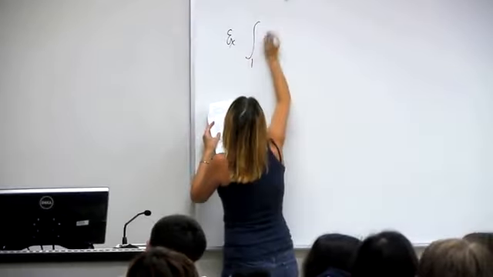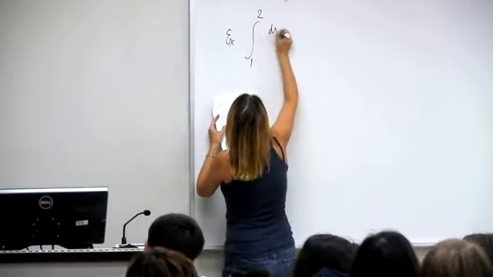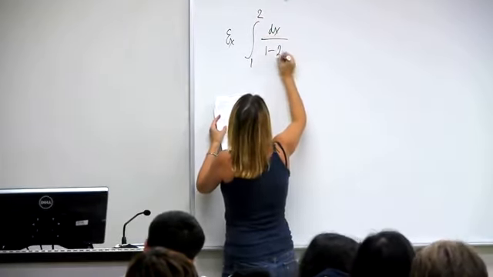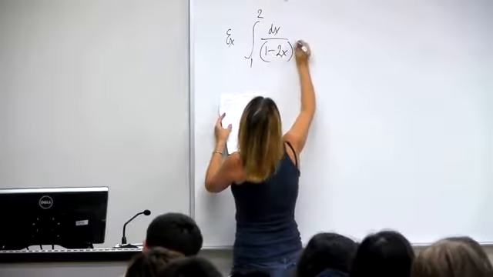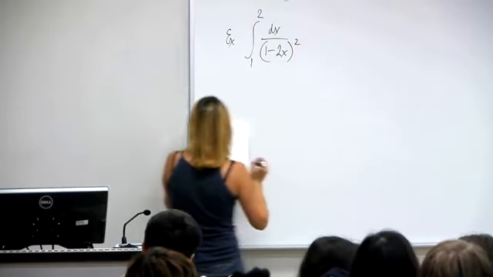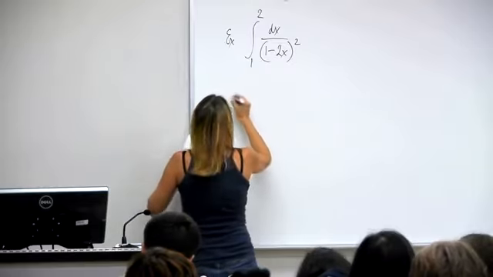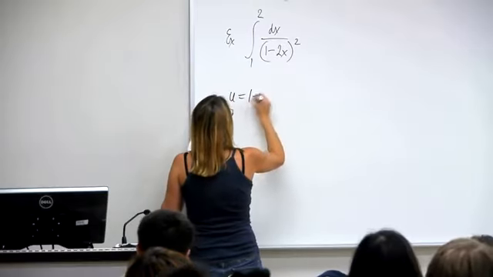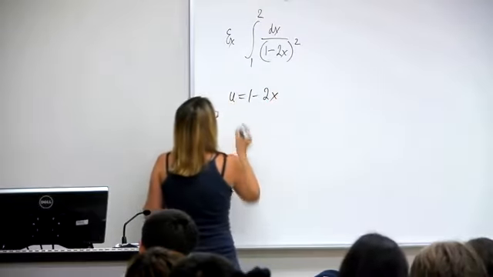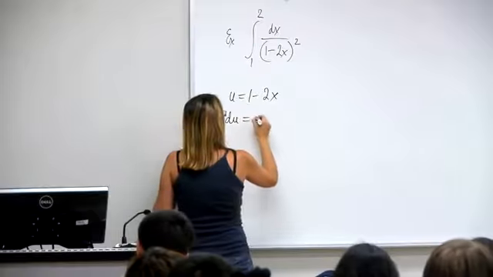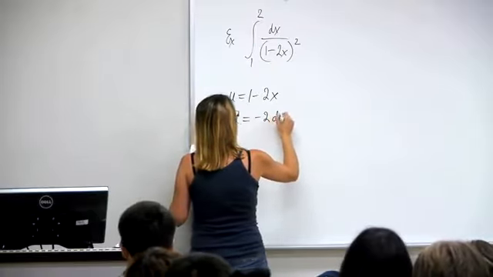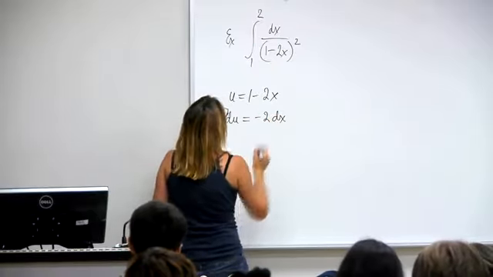Let's consider the following integral from 1 to 2, dx over (1 minus 2x) squared. A definite integral. I'll take u to be 1 minus 2x, and du is minus 2 dx.